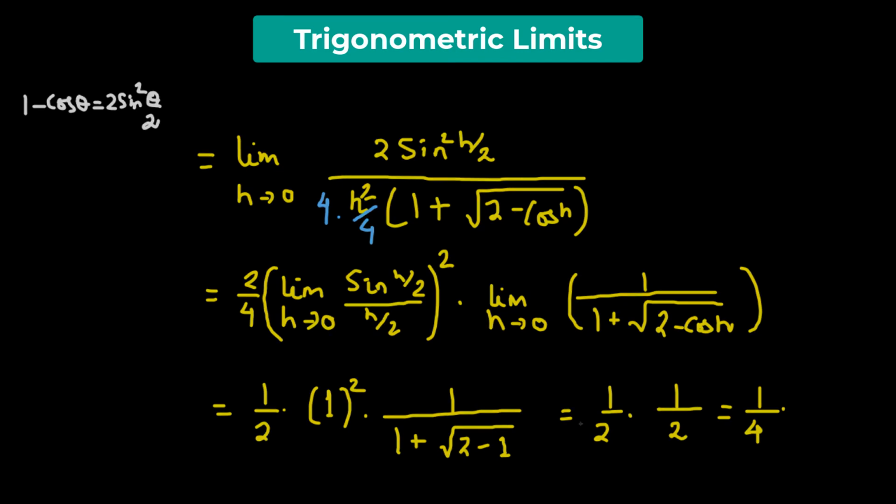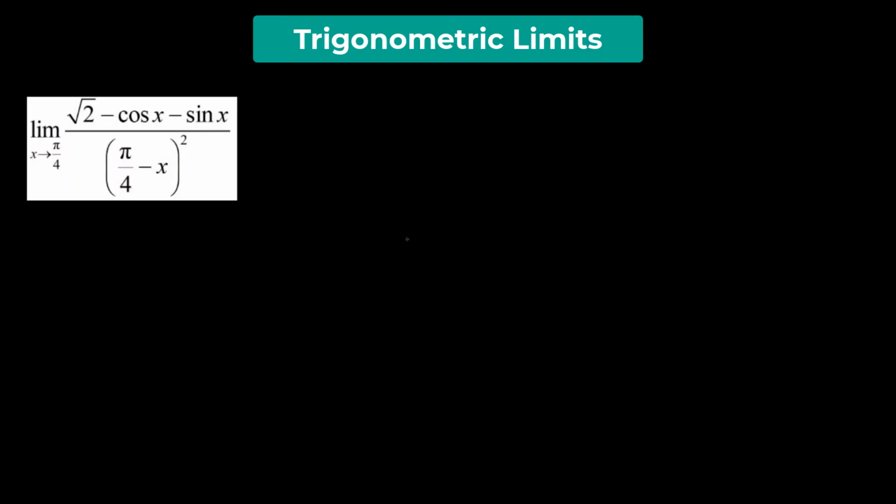Let us do another problem. We need to determine the limiting value of the given trigonometric function when x is approaching pi over 4. Let us begin by changing the limit from x to h.